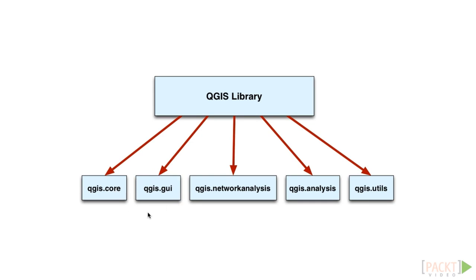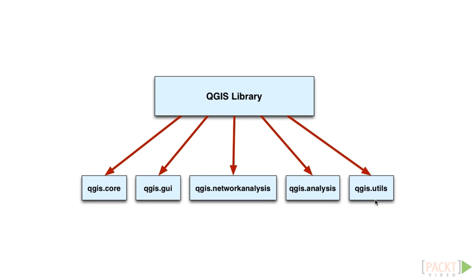Next, the qgis.gui package implements a range of GUI widgets which you can use in your own program. The qgis.networkanalysis package provides various tools for analyzing topological networks. The qgis.analysis package implements spatial analysis tools for analyzing vector and raster format data. And finally, the qgis.utils package provides various miscellaneous functions that allow you to work with QGIS applications using Python.